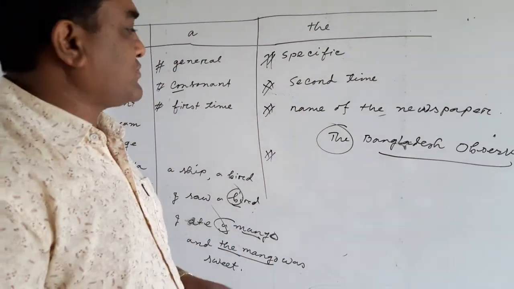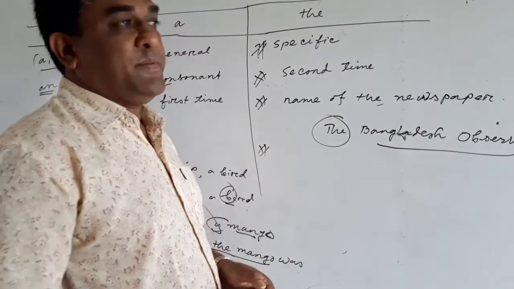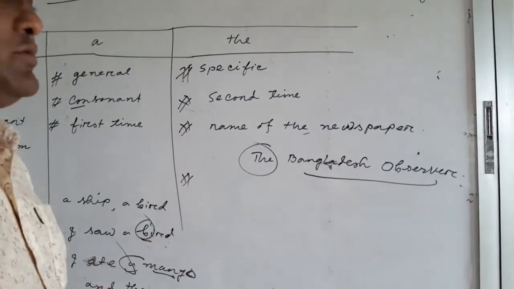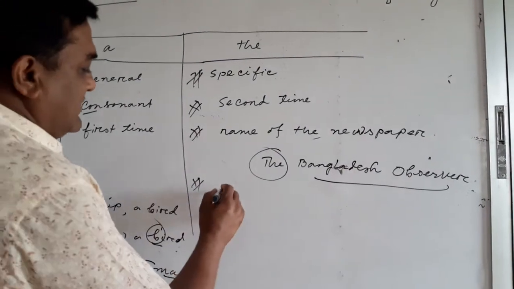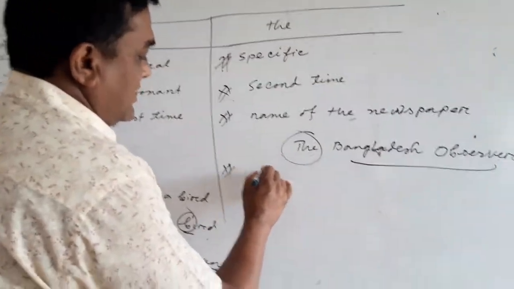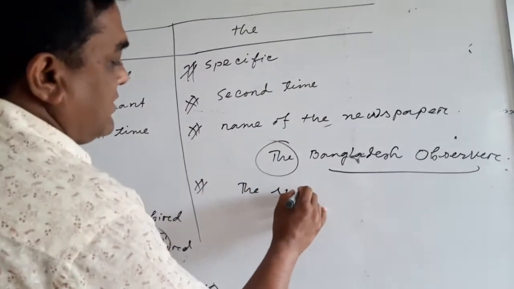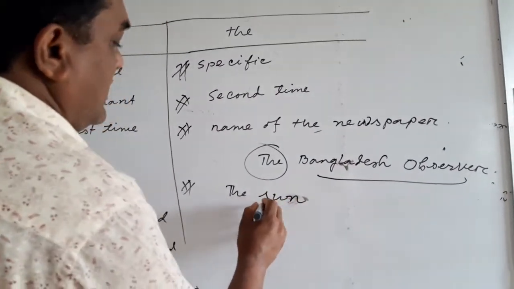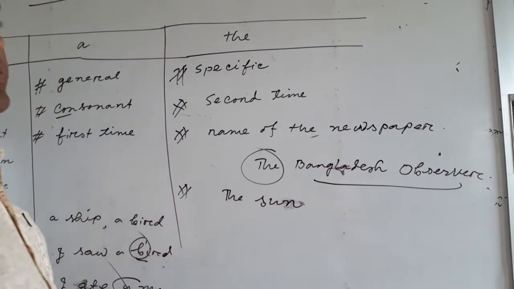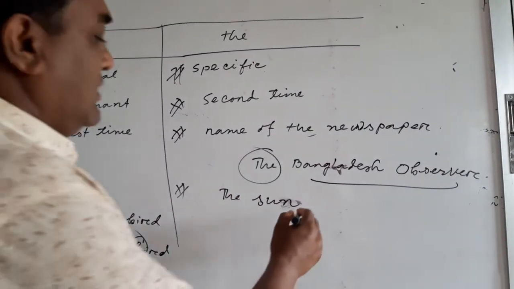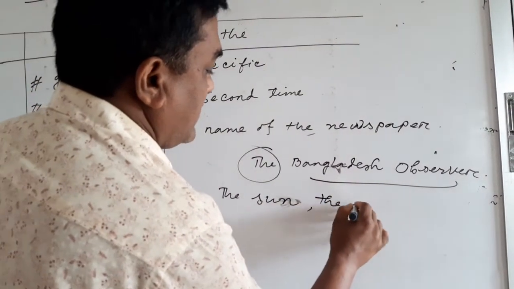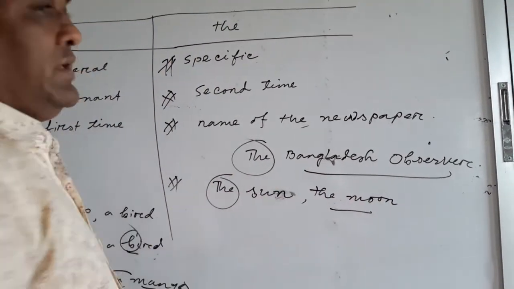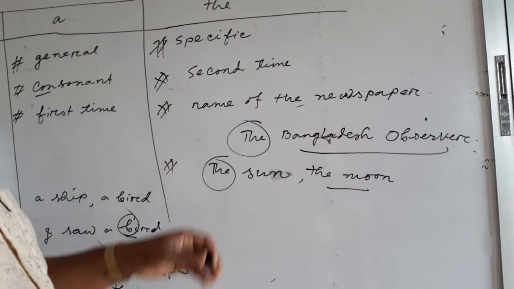Then one specific thing which is only one in the world, such as the sun. That means we have only one sun. The moon, it takes the article the.